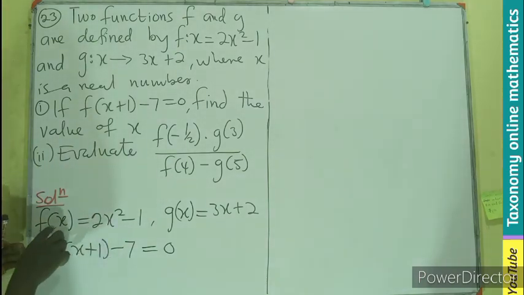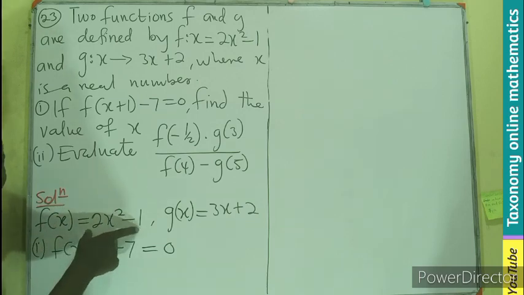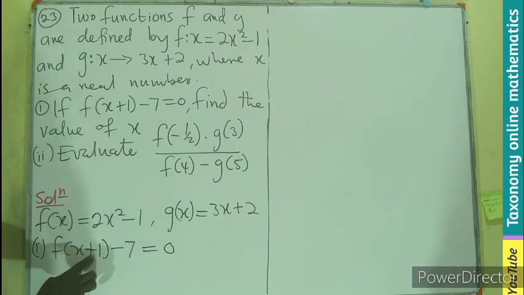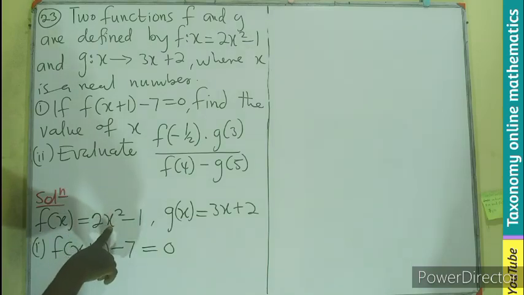Now, if I have function f equals to this, where I see the x, if the x is increased by plus 1, it means this x will also be increased by plus 1.